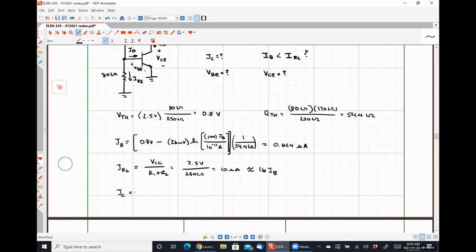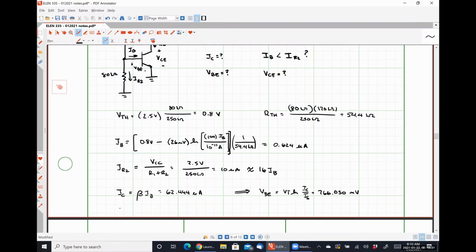So our collector current IC is simply beta times IB, 100 times this, so that's 62.444 microamps. This value gives us VBE is VT natural log IC over IS, which gives us 766.030 millivolts.